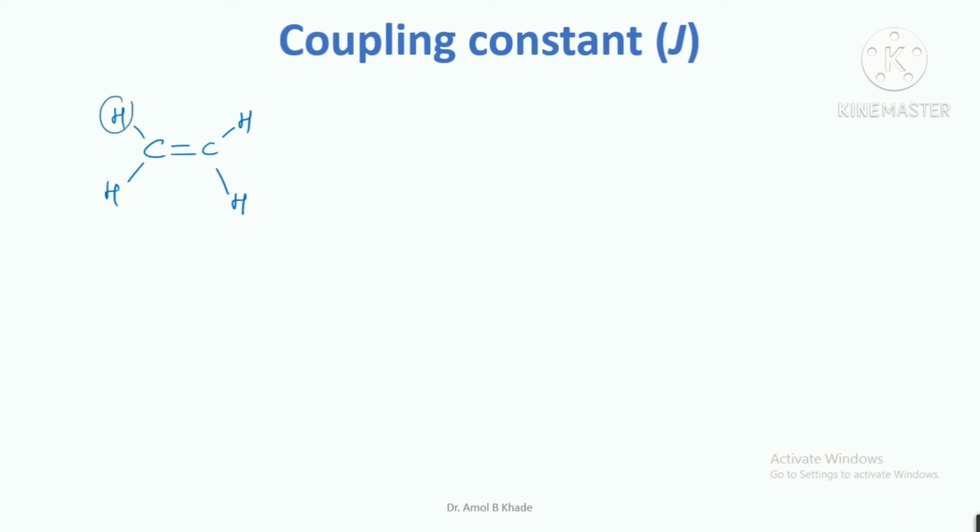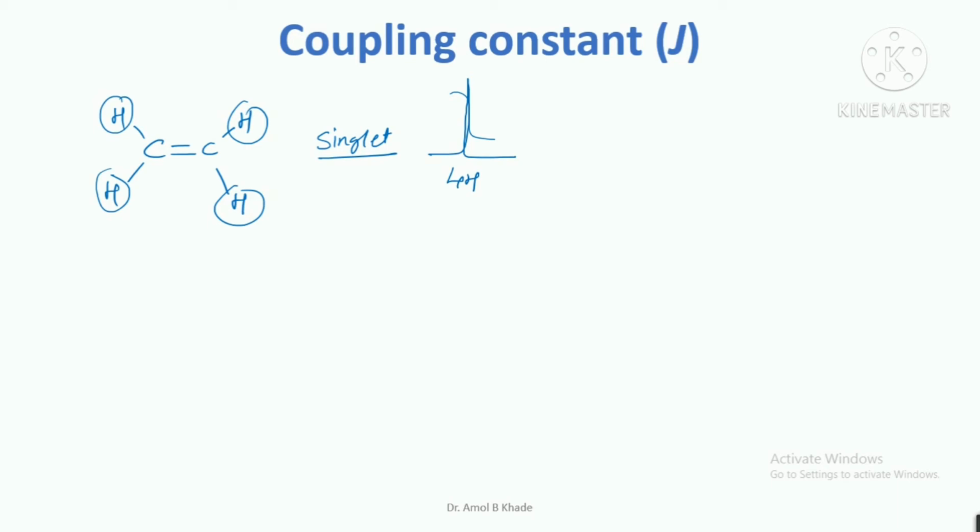So in this case I will be expecting one singlet here, because they are all in an identical environment, so we will get only one intense signal, which after integration we will get as 4H here. These are the alkene protons.